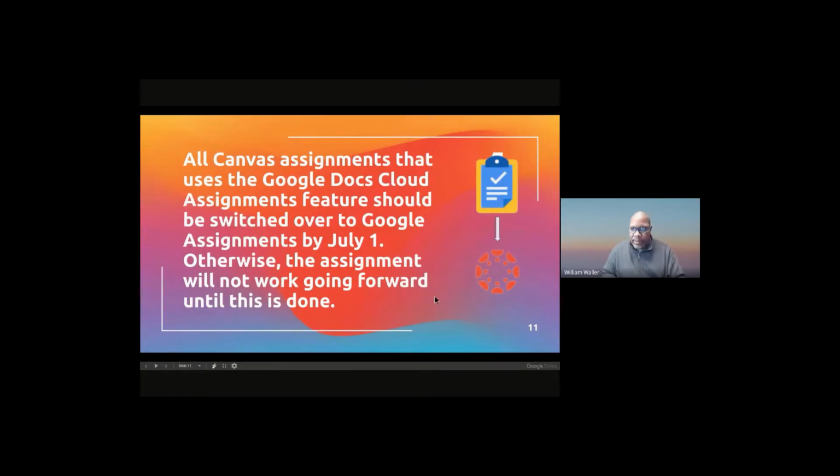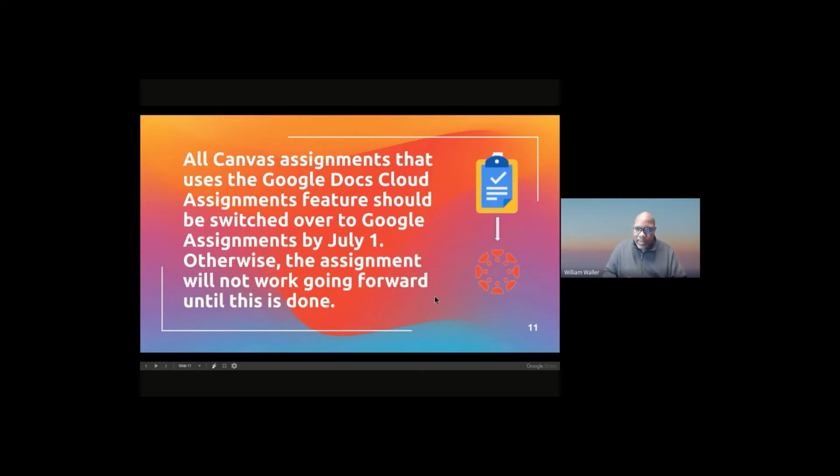Now, the county, CCPS, is going to be turning off the old Google Cloud Assignments feature July the 1st, even though Google's not doing away with it until September the 1st. But CCPS is turning off July 1.